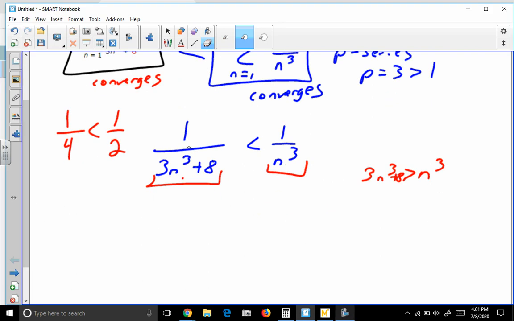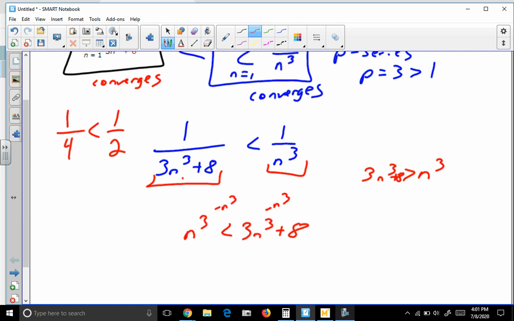Also, another way to show that this inequality is true, that this sequence is always smaller than that one, is if we clear fractions, multiply both sides by our common denominator, or cross multiply, we would have n cubed on the left, 3n cubed plus 8 on the right. If we subtract n cubed from both sides, we have 0 on the left, 2n cubed plus 8 on the right.